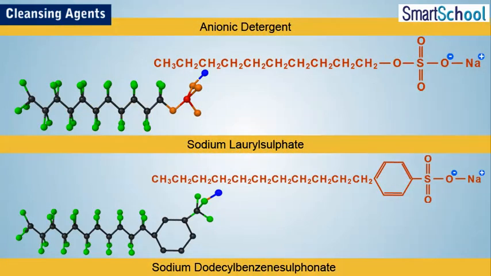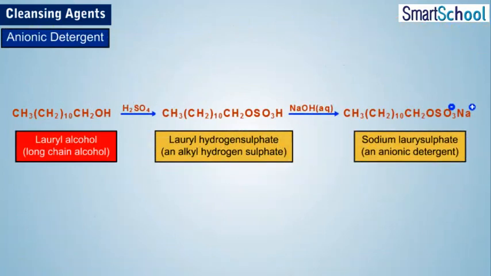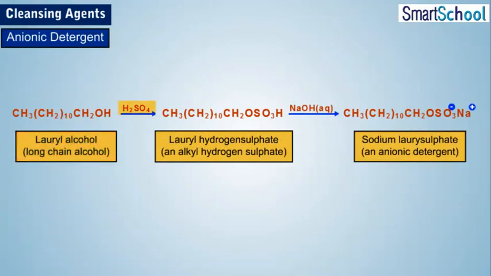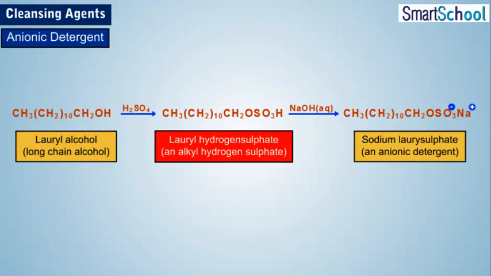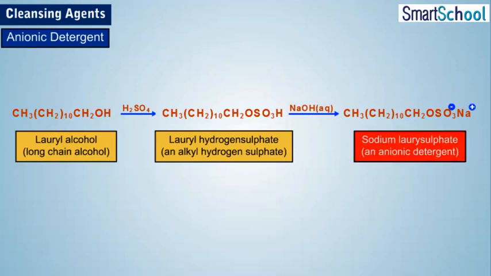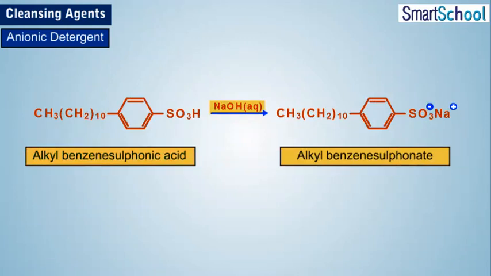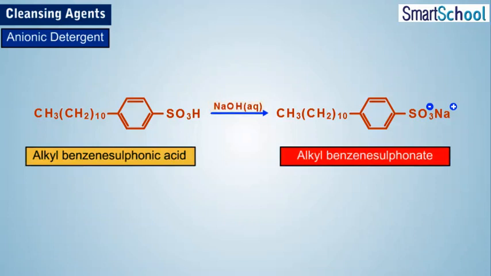Anionic detergents are sodium salts of sulfonated long-chain alcohols of hydrocarbons. Treating long-chain alcohols with concentrated sulfuric acid yields alkyl hydrogen sulfate. Neutralizing alkyl hydrogen sulfate with an alkali gives an anionic detergent. Similarly, alkyl benzene sulfonic acids, on being neutralized with an alkali, yield alkyl benzene sulfonates, as shown in the reaction here.